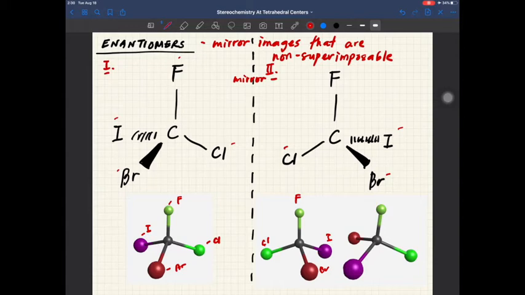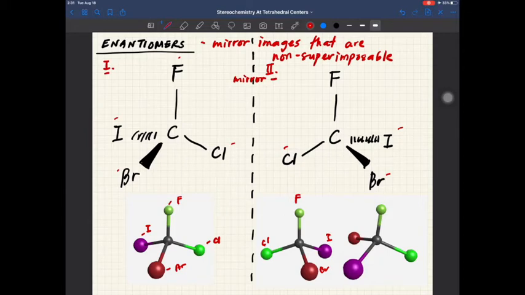Meaning, if you place your left hand on top of your right hand, you will not perfectly stack them because they are not essentially the same. So that is basically the same with enantiomers. Even though enantiomers are mirror images of each other, they are not essentially the same and they are not superimposable on top of each other.